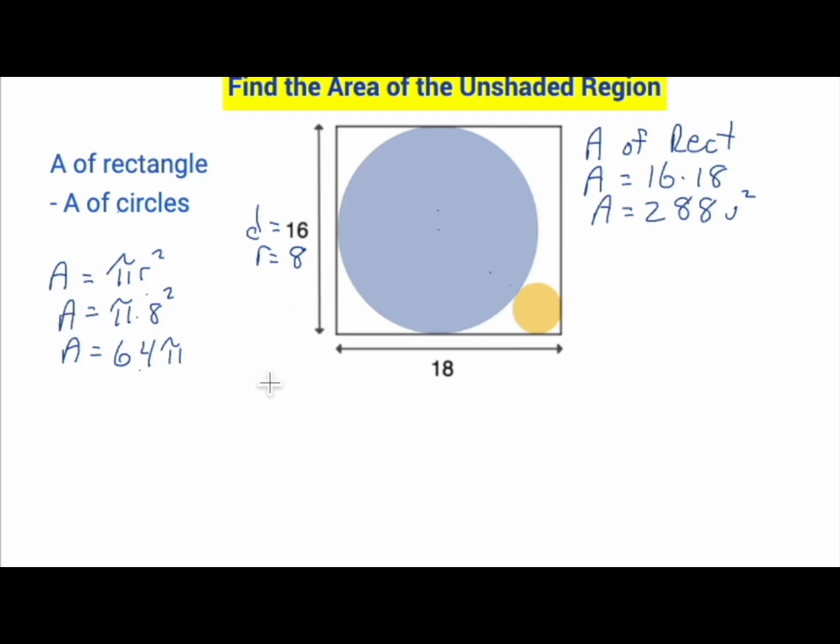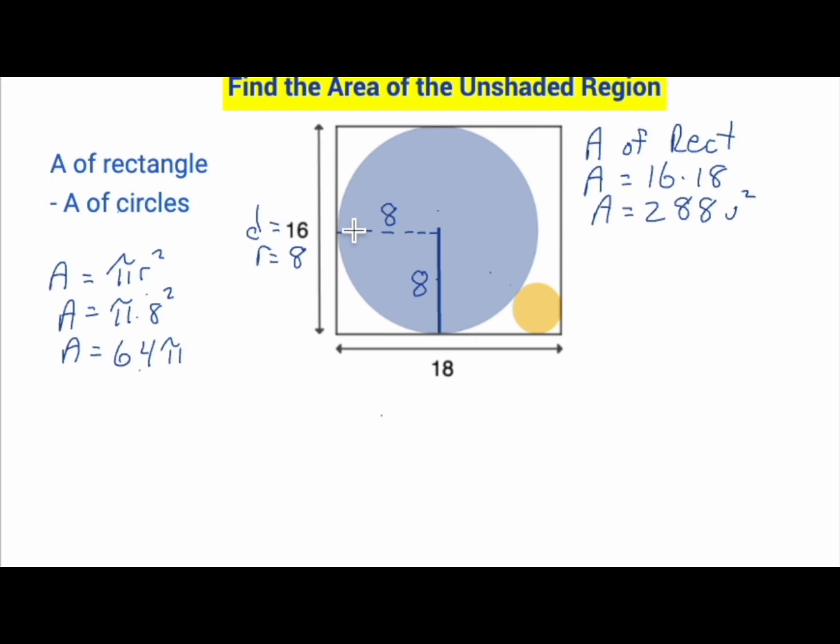Now we need to find the radius and area of the smaller circle, and that's where most of our work is going to come in. I'm going to draw a radius in here on the blue circle. We know that this radius is 8. I'm also able to draw another radius over here, also 8.